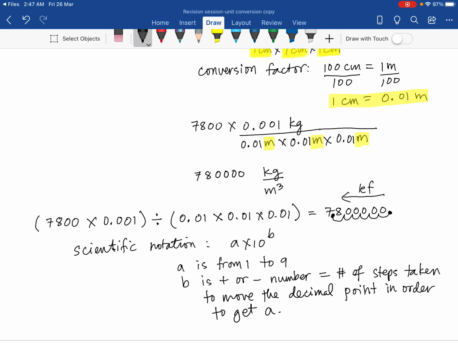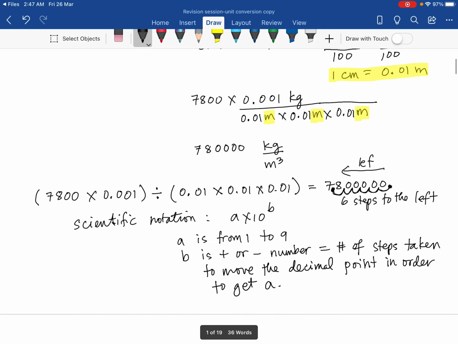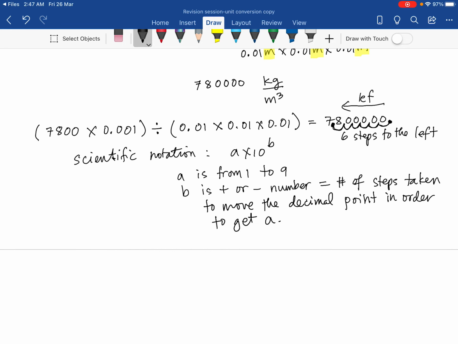So moving this decimal point to the left, you've moved 1, 2, 3, 4, 5, 6. So 6 steps to the left. Okay, so your number A in the scientific notation will therefore be 7.8. It's from 1 to 9. And then your B is 6 steps. Right?